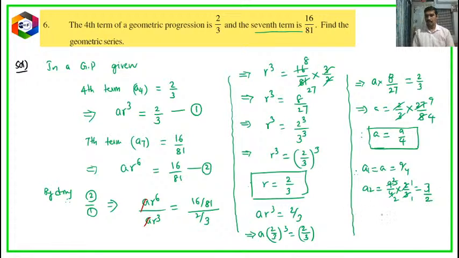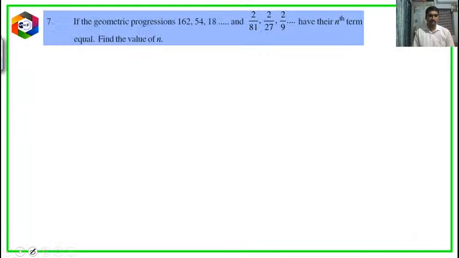Now a3 is equal to the previous term 3 by 2 into again the common ratio, 2 by 3. Now the 2s cancel, the 3s cancel, which equals 1. Therefore the geometric progression is 9 by 4, 3 by 2, 1 and so on.